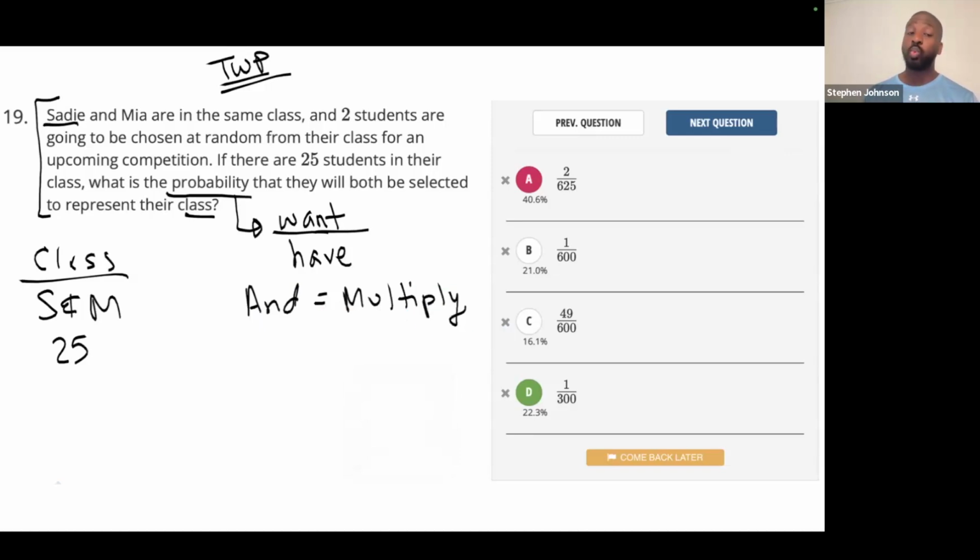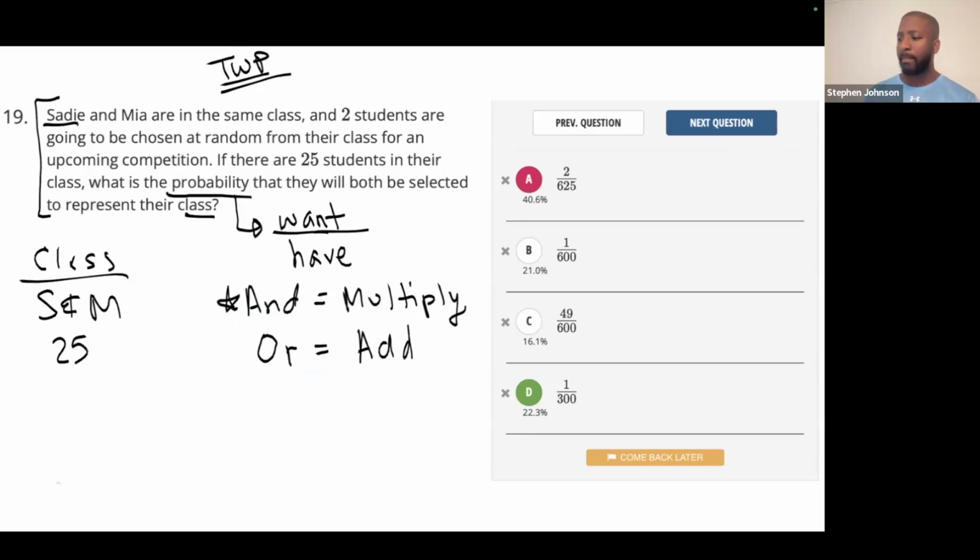If I want only one of 2 things happening, meaning I want one thing or the other, then I'm going to add the probabilities of both things happening to each other. So let's just keep that in mind. We're obviously in the and category with this particular question.